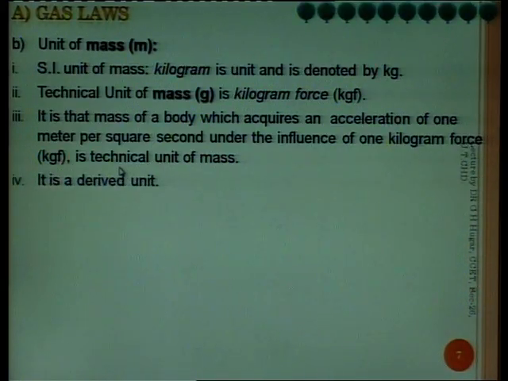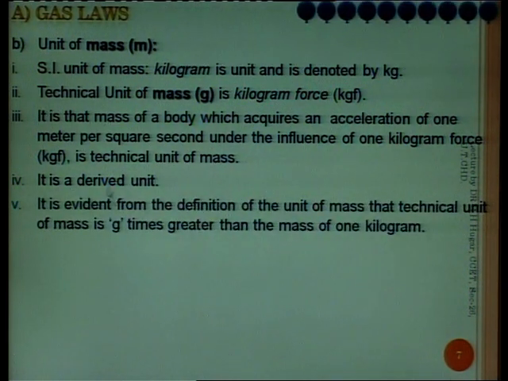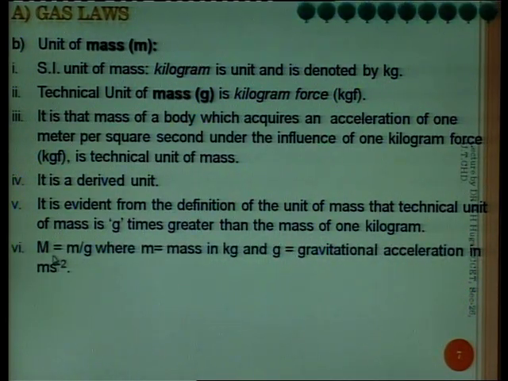Here it is a derived unit, not fundamental. It is evident from the definition that the technical unit of mass is g times greater than the mass of 1 kilogram. So, if m represents the technical unit of mass, m is the mass in kilogram divided by acceleration due to gravity, which gives you the technical unit of mass.